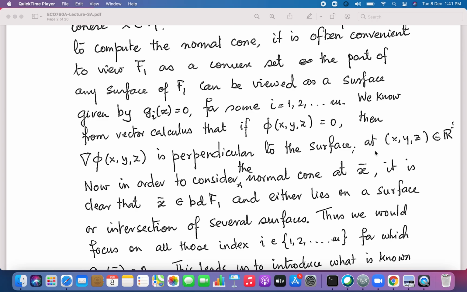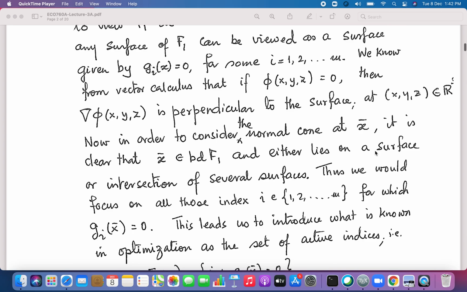So for a normal cone, we know that x bar must be in the boundary. Boundary means it either lies on a single surface, or it lies on the intersection of several surfaces. So basically x bar is such that it satisfies some constraints with equality, g_i(x bar) equal to 0, and some with strict inequality.